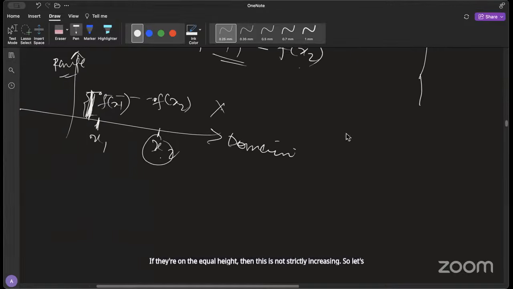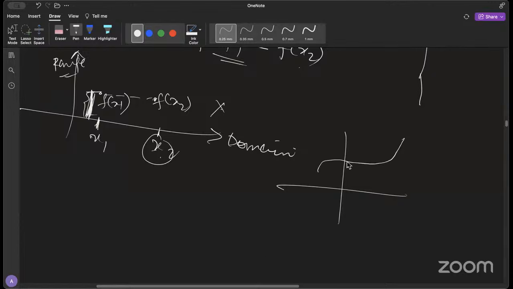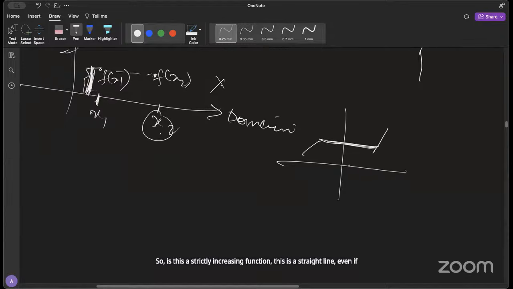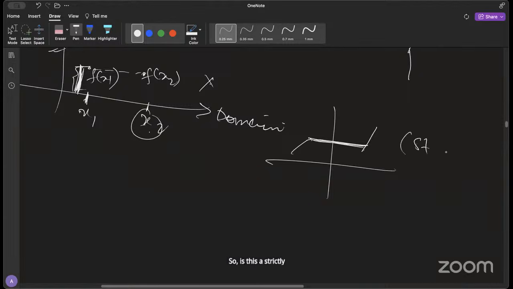So let's have a look at this function. Let's say I have a function like this, where this is a straight line and then it goes up. Let's take this straight line. So is this a strictly increasing function? This is a straight line, even if it doesn't look like one, but it's a straight line parallel to the x-axis.